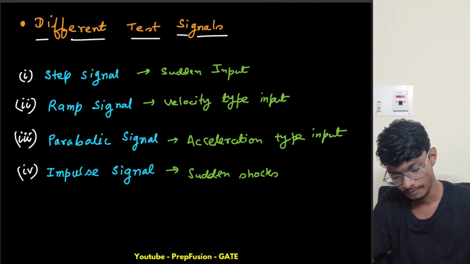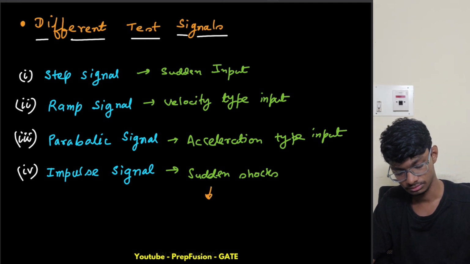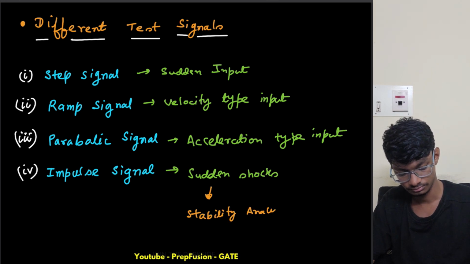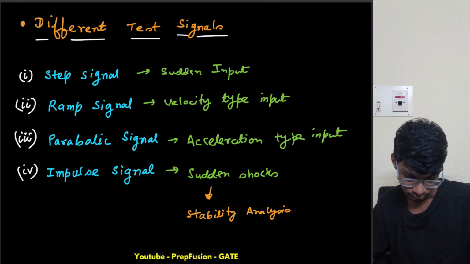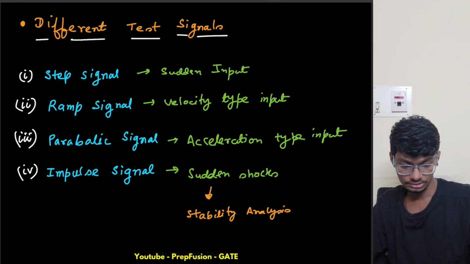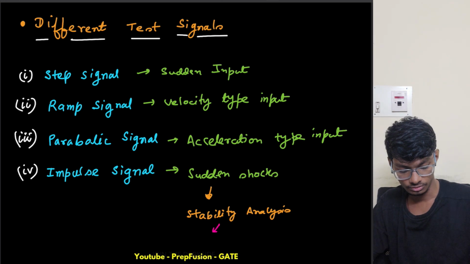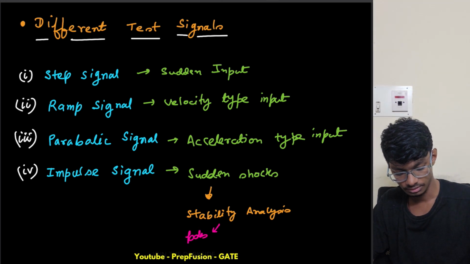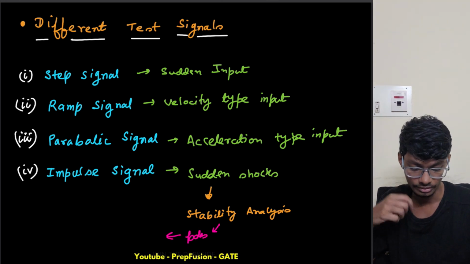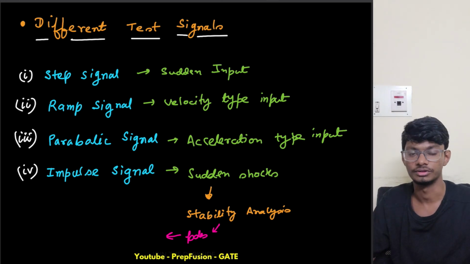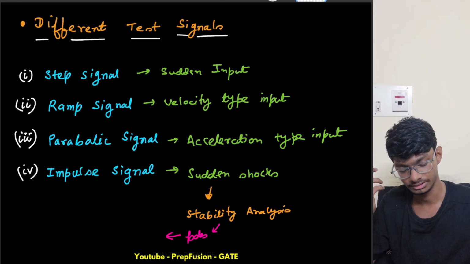So it helps basically in stability analysis. How? Basically we find the poles, and from the poles we can understand the stability.